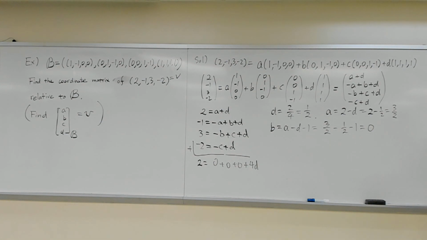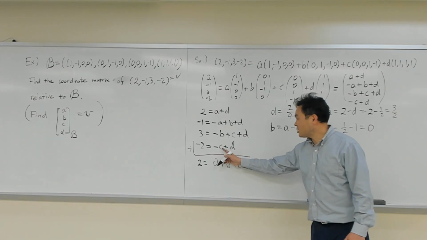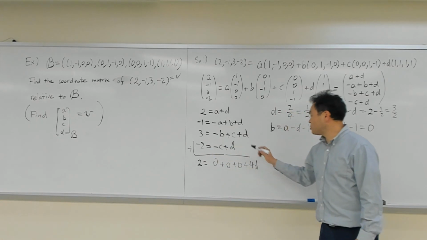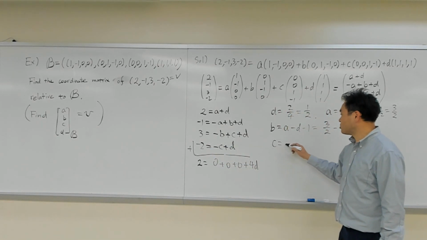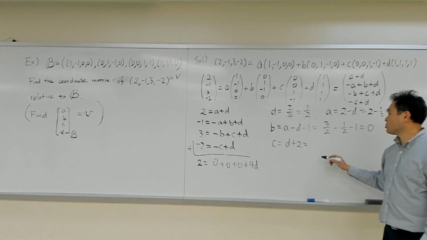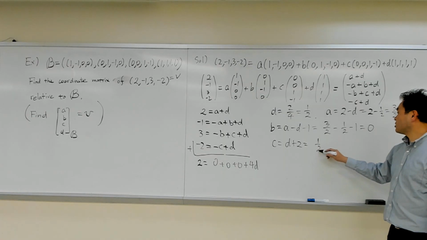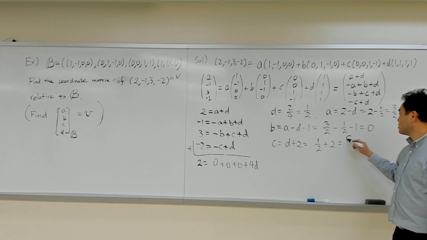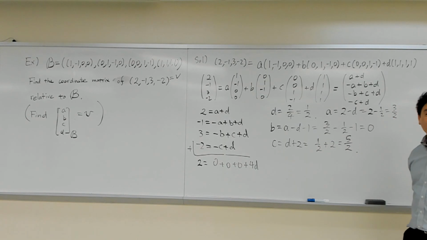Okay? And then for c, I can move c over here and move 2 there, so you get c equals d plus 2, and that's equal to 1/2 plus 2, which is 5/2. Okay?